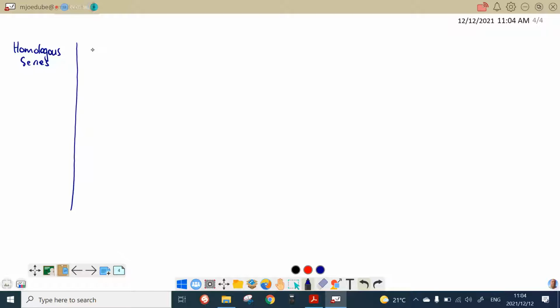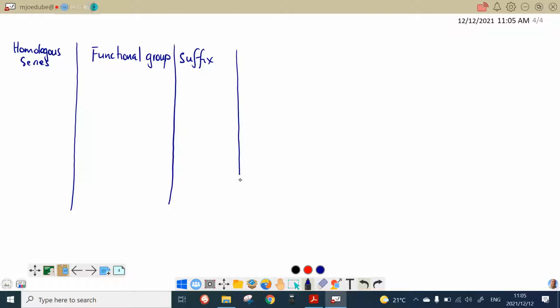We are then also going to look at the functional group. We will also look at the suffix of the name, of how it ends, and then we are also going to look at the molecular or structural formulae.